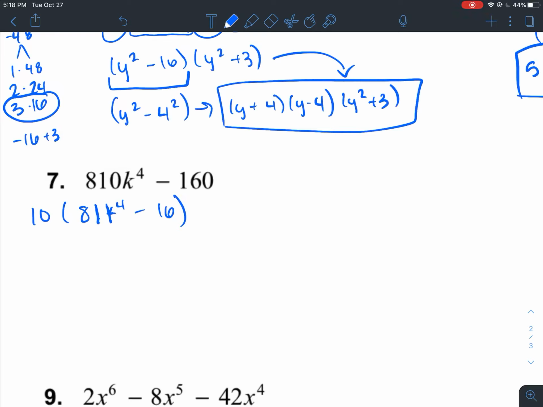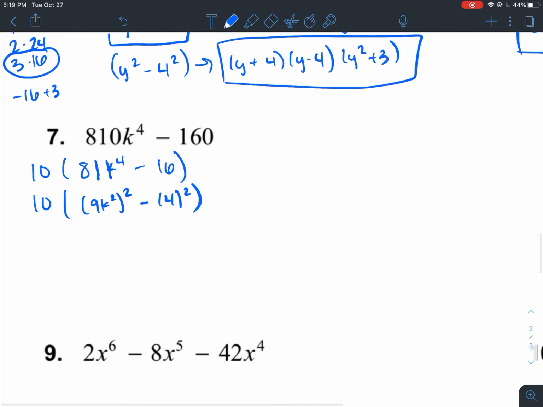So again, I'm left with something to the 4th power, but can I change it so that it's something to the 2nd power? And I can. So I can change this to be 10 times, well, I know the square root of 81 is 9. So I can change this to be 9k squared, squared. And I can change this to be 4 squared.